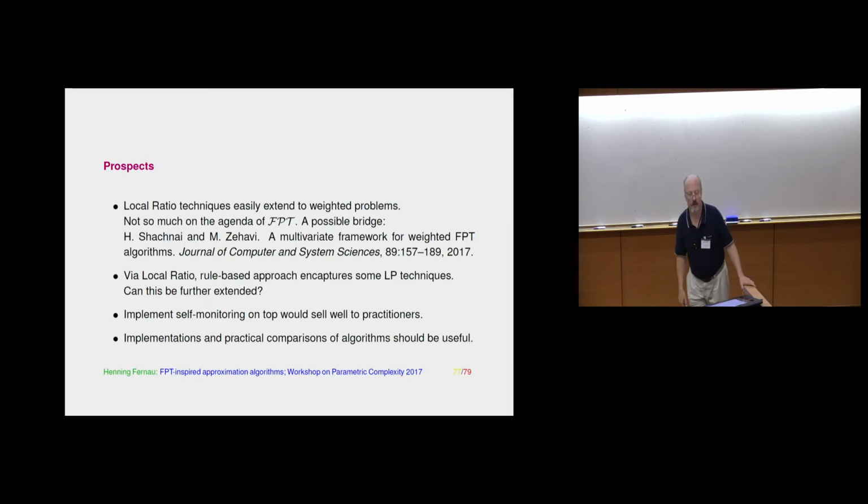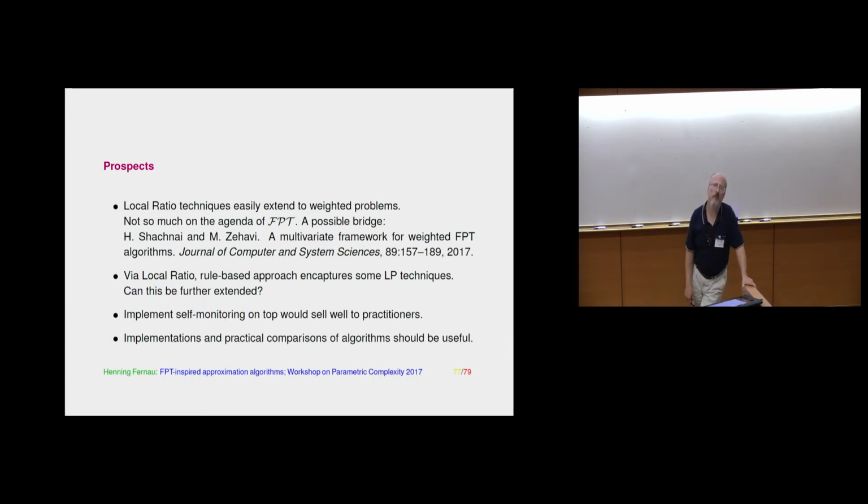Another thing I mentioned in my talk was this local ratio technique. I didn't really go into details there, but I want to mention at least that local ratio, as basically any other of these typical traditional approximation techniques, allows you to deal with weights pretty easily. Weights have not been so much on the agenda of FPT, for several reasons, I think.